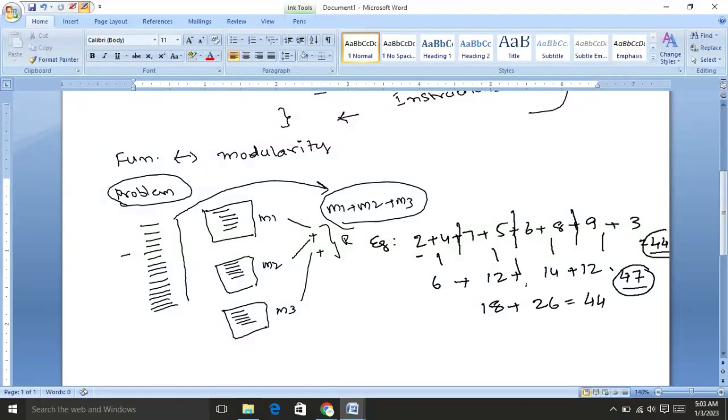So by making the problem into modules, we can easily manage and easily solve the problem.